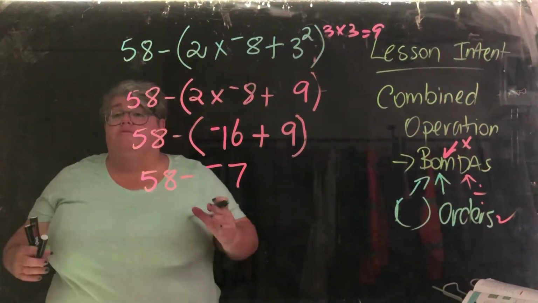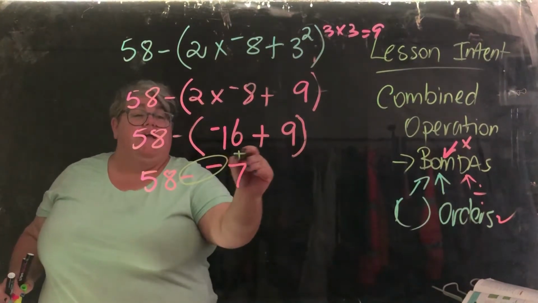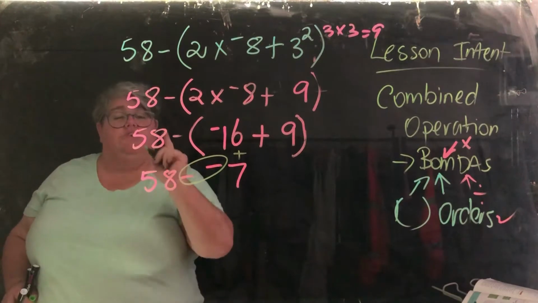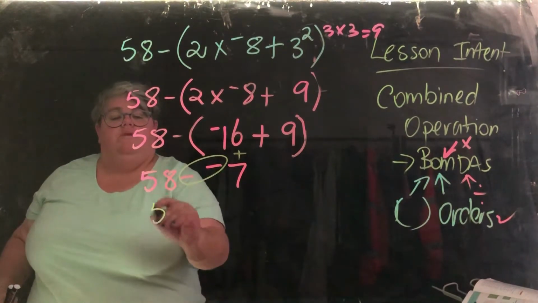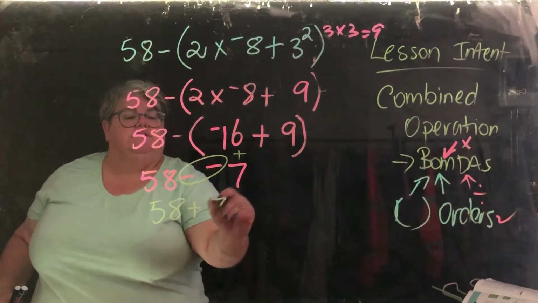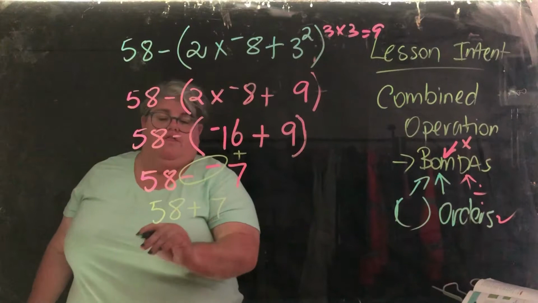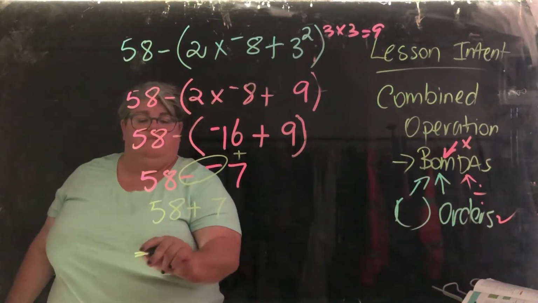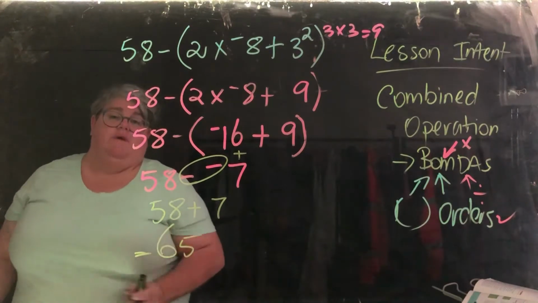Now, remember from the previous videos, 2 negatives actually make a positive. So what this is actually saying, another way to say the same thing, would be 58 plus 7. So therefore, if we add these two numbers, we should get 65 as a positive number.